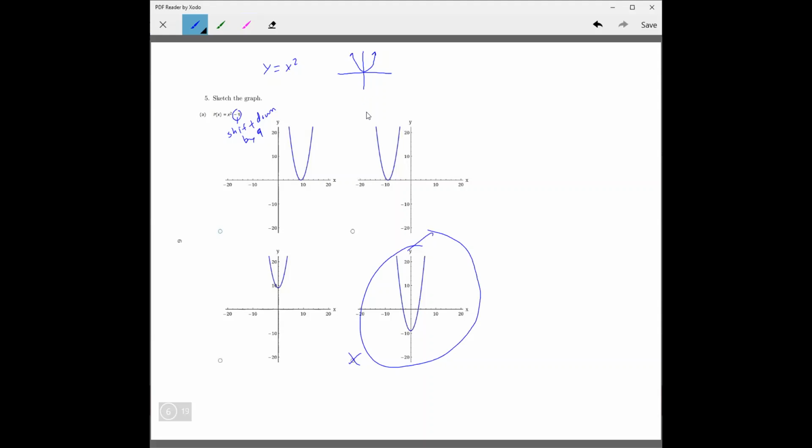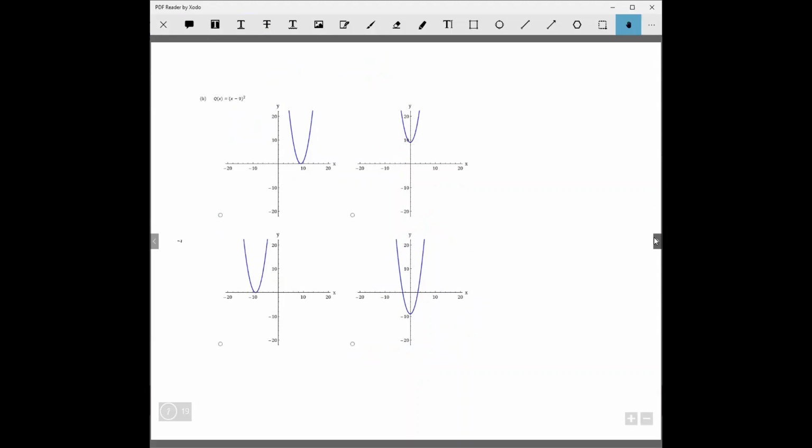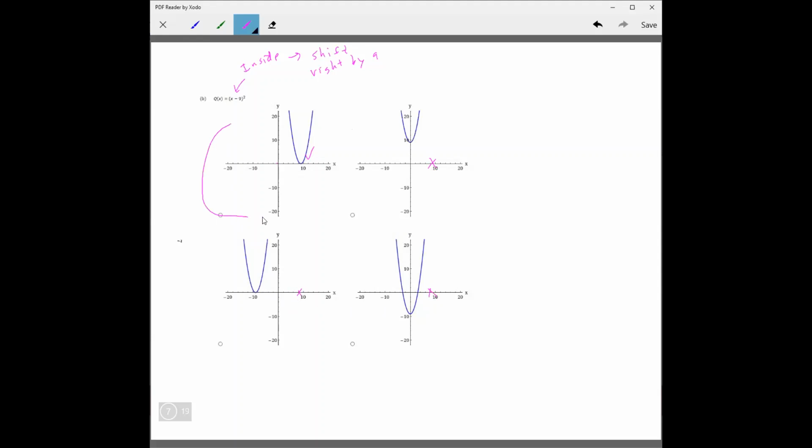Now this is inside, so it's a shift to the right by 9. The vertex went from 0 and shifted to the right by 9, so that would be this one. That one can't be true, it's going the wrong way. So it's got to be this answer here.